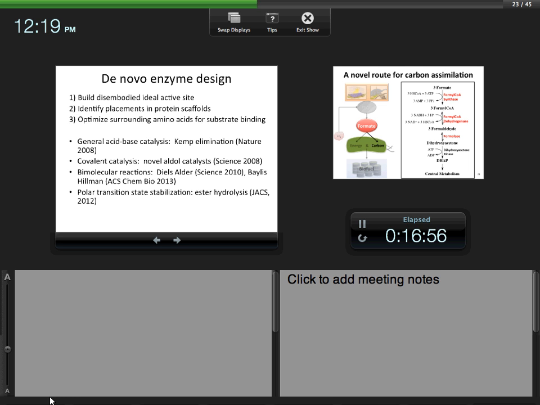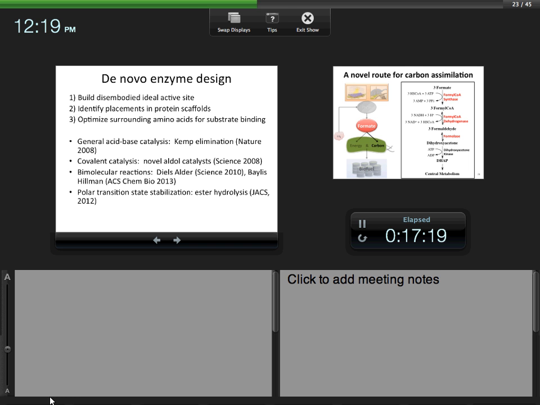So over the years, we've been working on de novo enzyme design. The basic idea is we build disembodied ideal active sites, idealized catalytic sites, and originally we were identifying placements for this ideal catalytic site in known protein scaffolds.